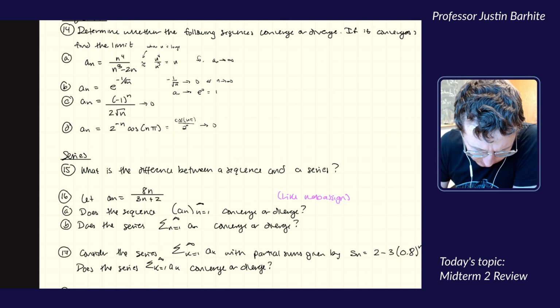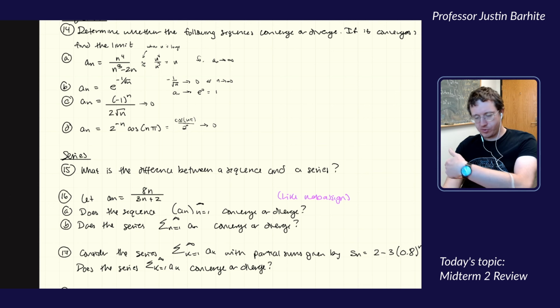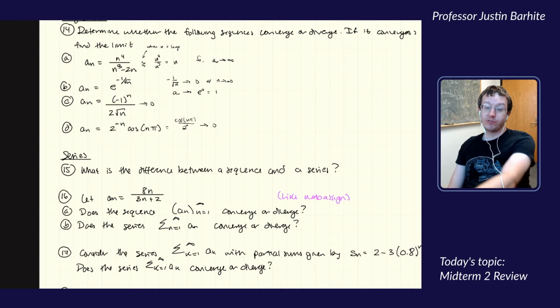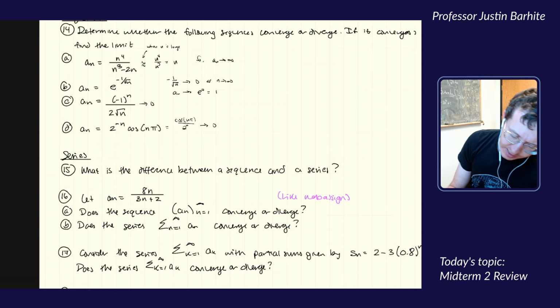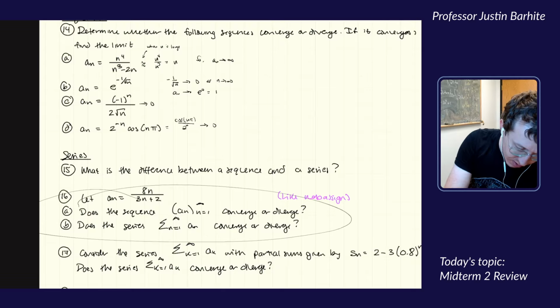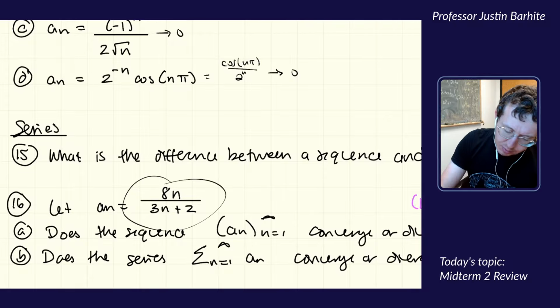Okay, next question. What's the difference between a sequence and a series? In a sequence, we just have a list of terms. But in a series, we have a list of terms, and then we're trying to add them all up. So I think there's a nice illustration of that with this next problem, because we have this sequence here, 8n over 3n plus 2.